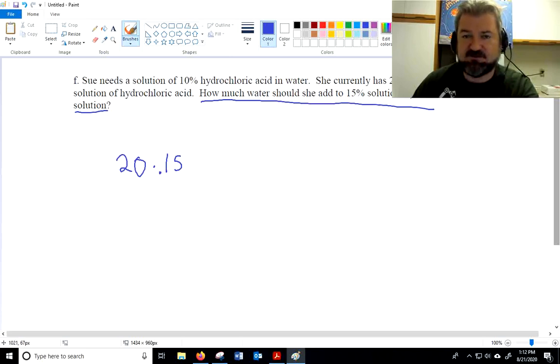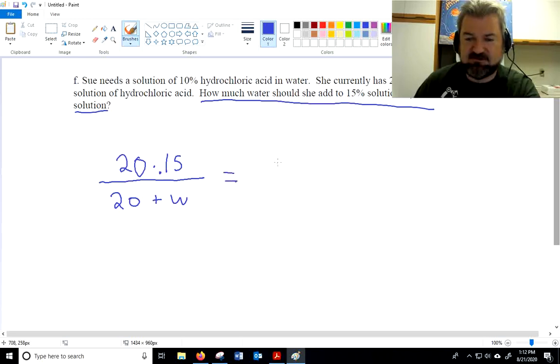I got 20 ounces of a mixture. 15% of it is hydrochloric acid, so 20 times 15, right? Now, I need to add to that some water. So watch as I add some water. Right now, I have 20 ounces of fluid, but I'm going to add to that some water W, and now that needs to become 0.1.